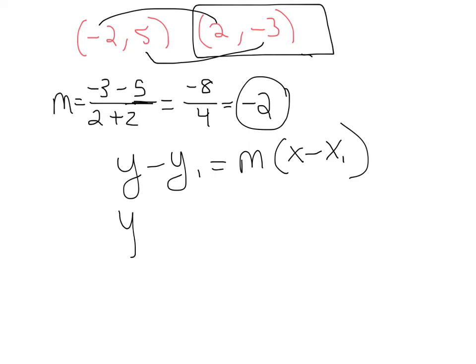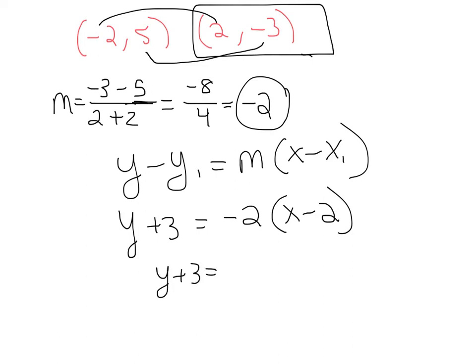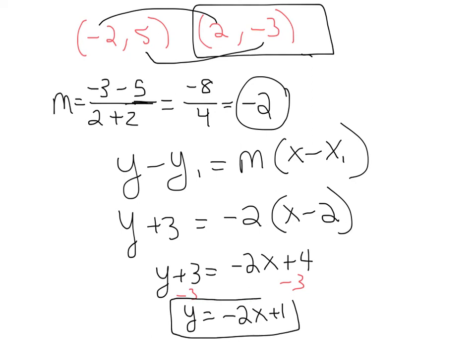So it's y minus negative 3, so it's just y plus 3, equals negative 2x minus 2. And I'm going to distribute the negative 2, so I get negative 2x plus 4. And then my last step is going to be to subtract the 3, and I get y equals negative 2x plus 1. And that is it.